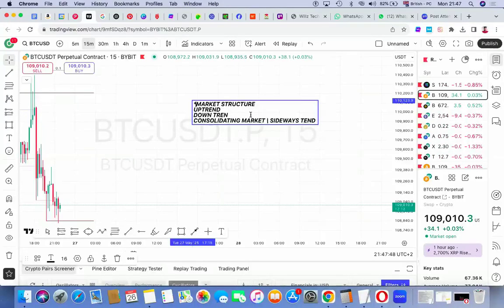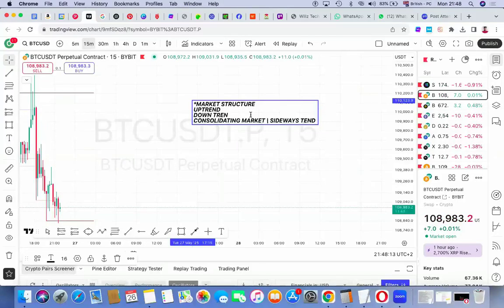I'll give you a few examples to show us an uptrend scenario. We also have the downward scenario, which is the inverse of an uptrend. What we would always see in a downtrend is the market creating lower lows and lower highs.